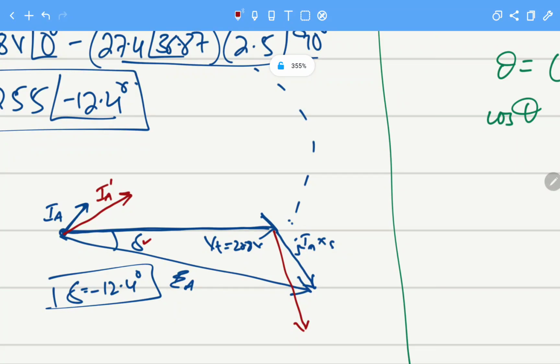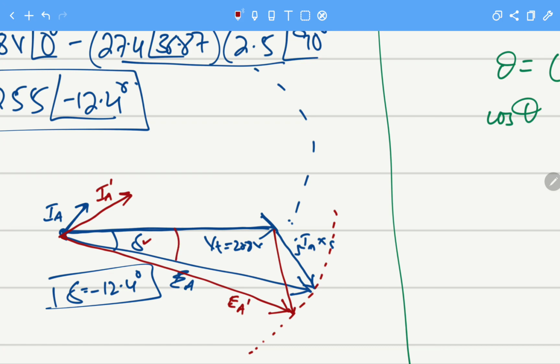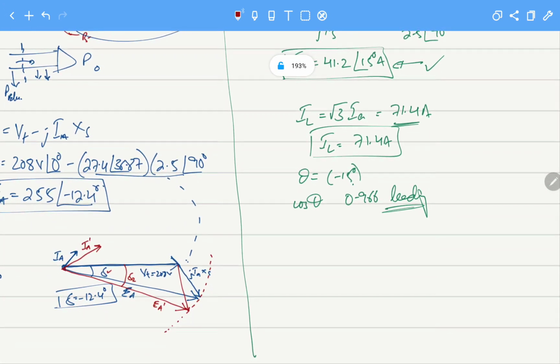It's like this, and the value of EA will remain the same. Here is our EA dash, and here is our delta 2. The value of EA remained the same, and the current actually changed, and in this way this graph was made.